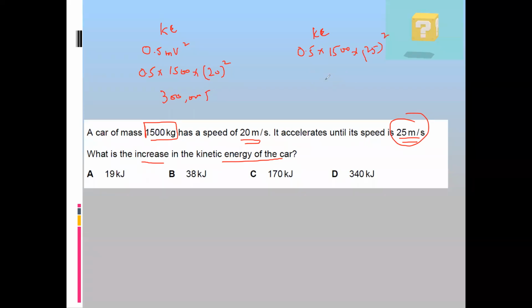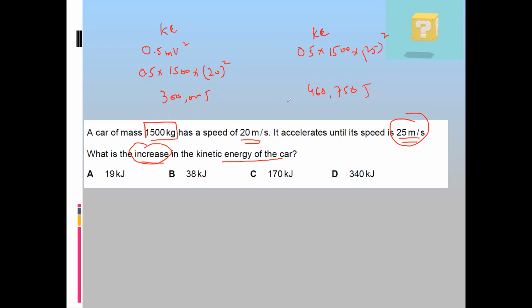So what is the new kinetic energy? 25 square multiplied by 1500 multiplied by 0.5, which is 468,750. Okay, 468,750 joules. Now, what is the increase in the kinetic energy or the change in the kinetic energy or difference in kinetic energy?